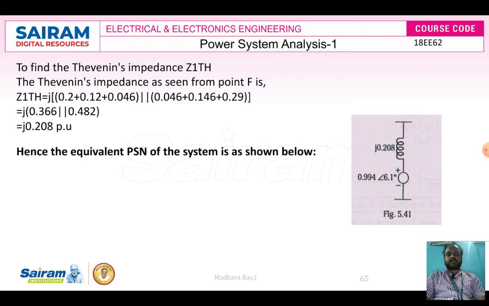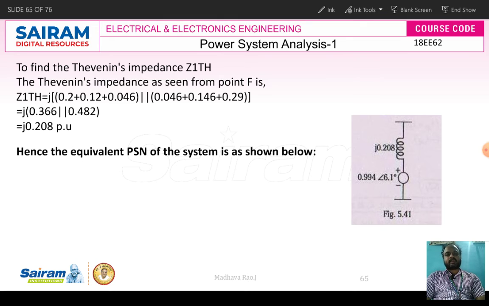Next is Zthevenin. If you want to find Zthevenin, we need to deactivate the active elements, voltage sources and current sources, according to Thevenin's theorem. So Zthevenin is equal to j0.208 per unit.